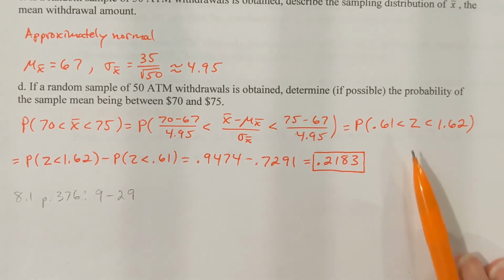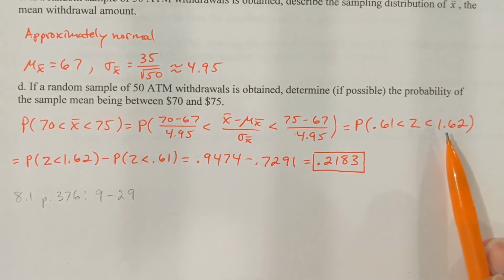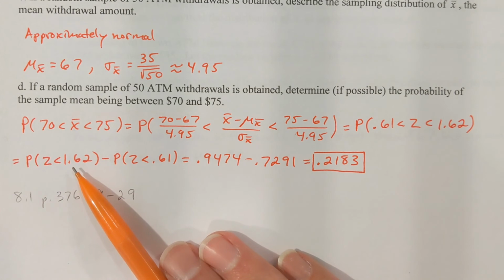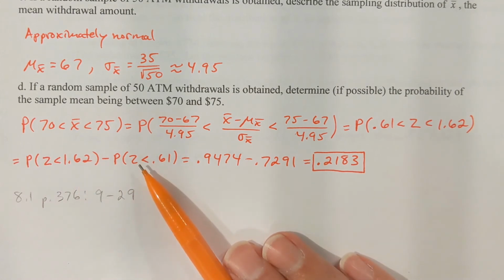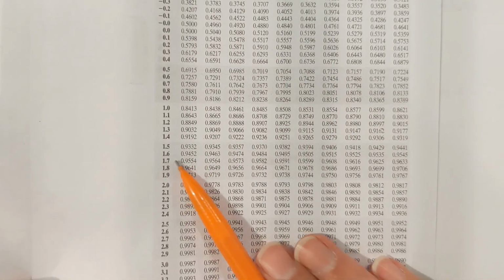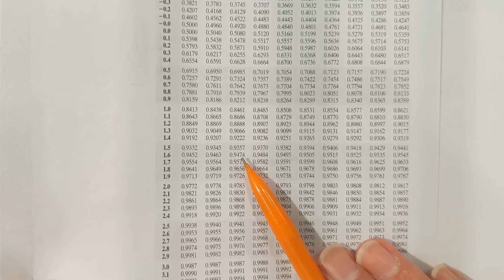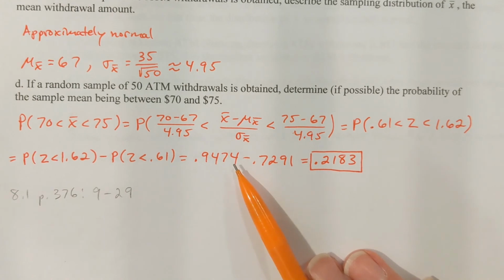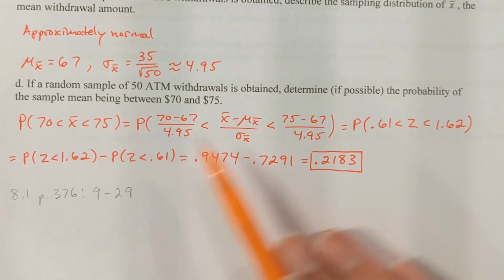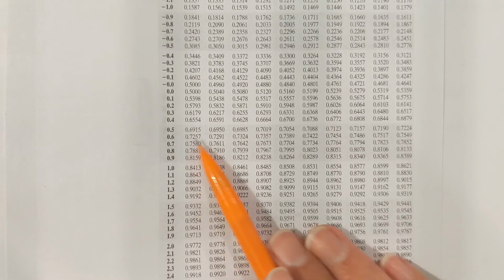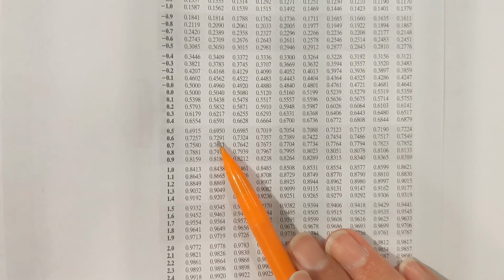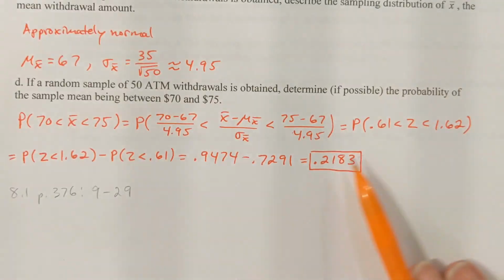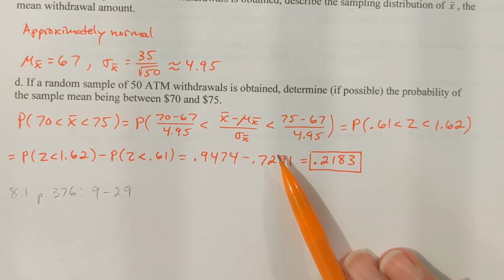I want to find the area between these two z-scores. In general, we take the area to the left of the bigger z-score minus the area to the left of the smaller z-score. All right, so let's go to the table. The area to the left of 1.62 is 0.9474, and so that's what I got. The area to the left of 0.61 is 0.7291, and that's also what I had there.